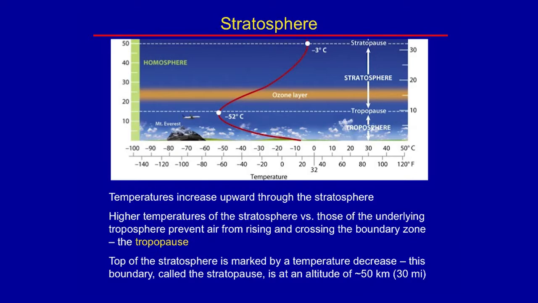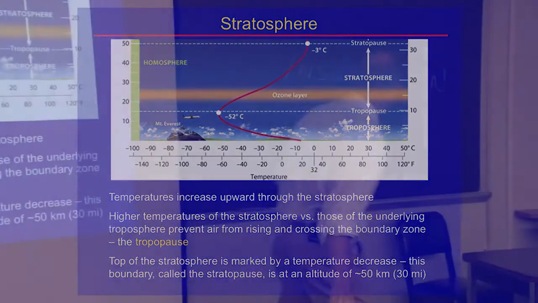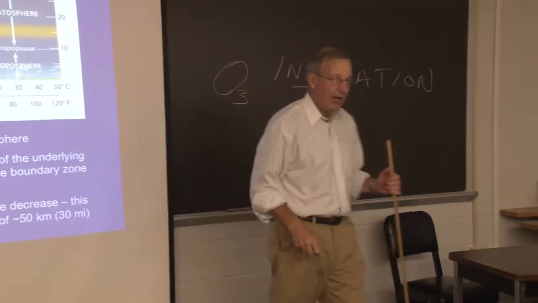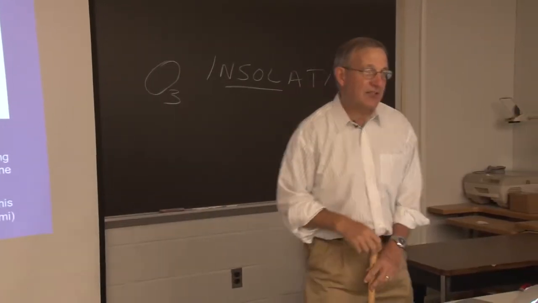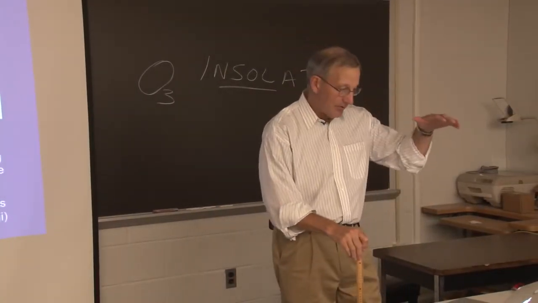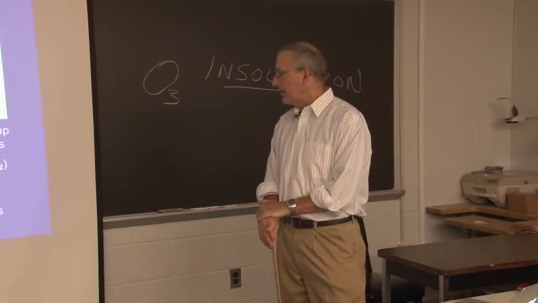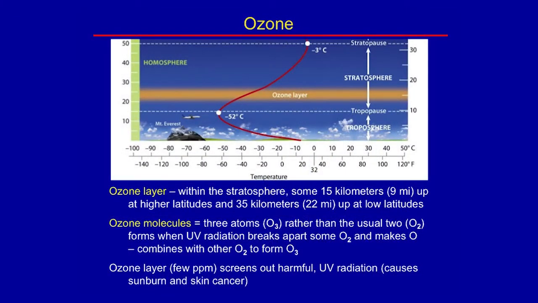Within the stratosphere, there is an ozone layer. Ozone is a variety of oxygen, which is O3. Ozone in the stratosphere helps protect us from ultraviolet radiation. The ozone layer is about 15 kilometers or 9 miles up.